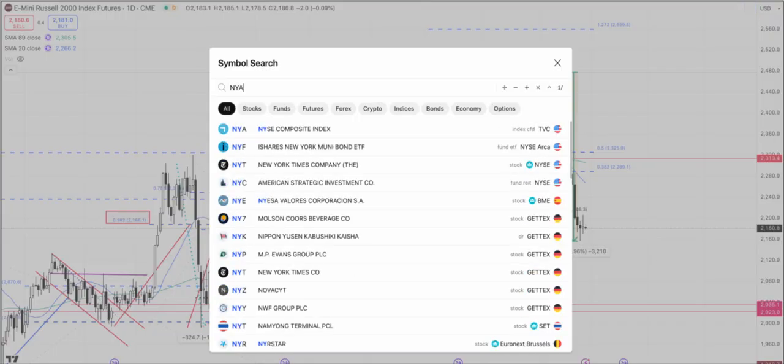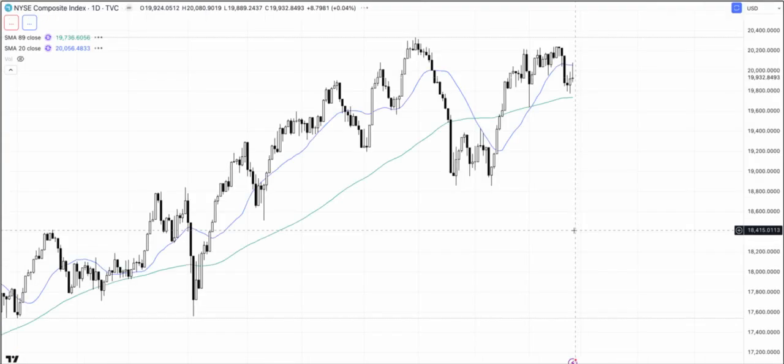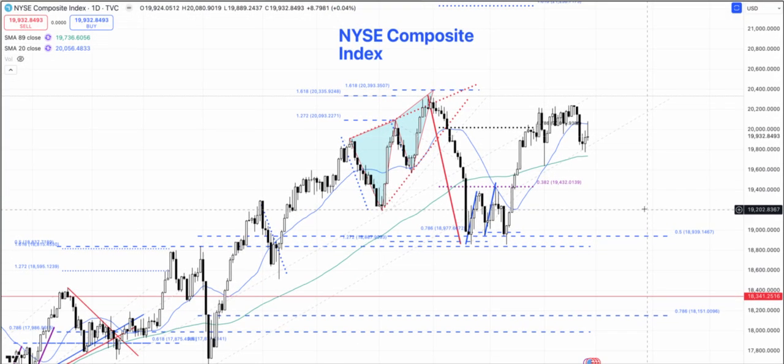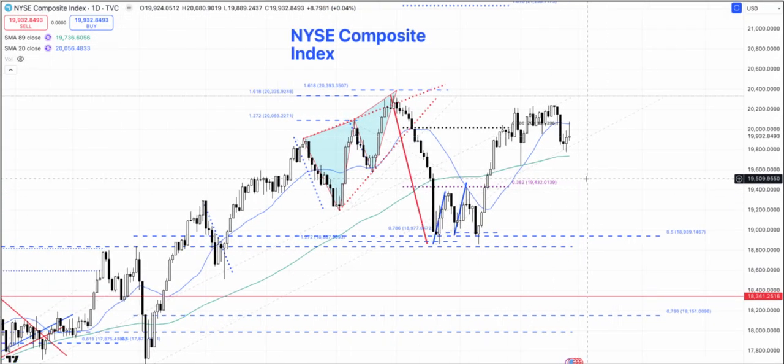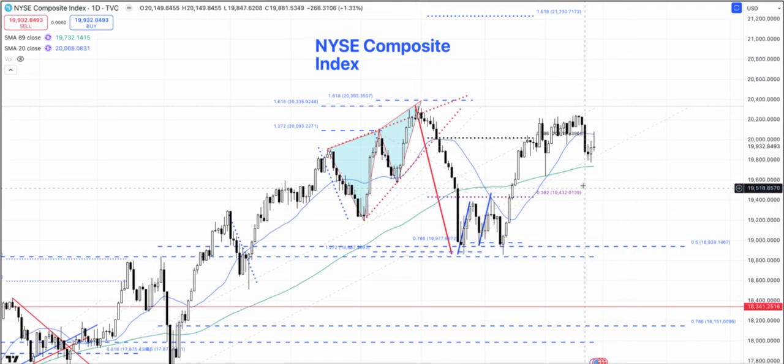Now NYA, which is the New York Stock Exchange Composite Index, has had better price action in comparison to Dow Jones. And this one actually topped back in November of 2024. We had a pretty big pullback, and then we have seen a retracement right towards the top. It looks to be more of a range bound affair.